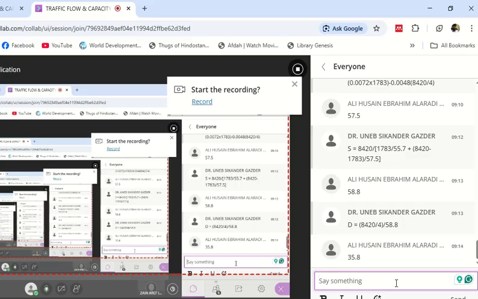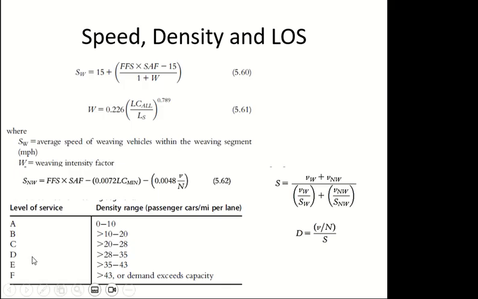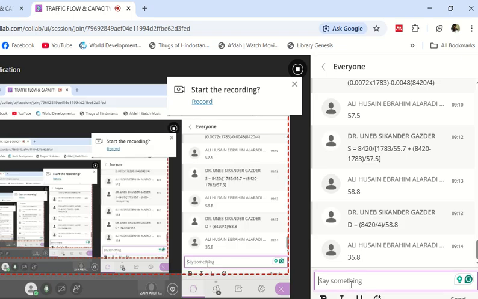Okay, if this is the density, then the level of service according to this is E. 35.8 is here. Okay, so level of service is E.